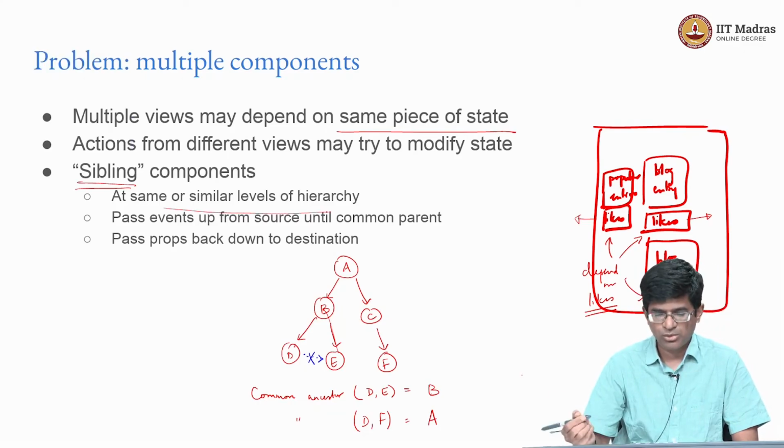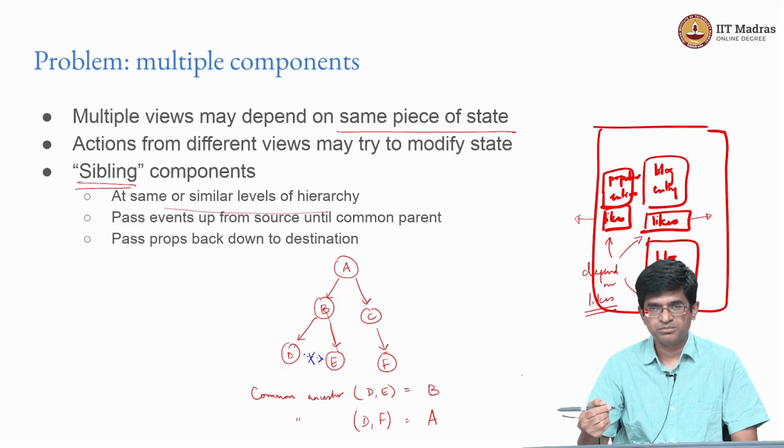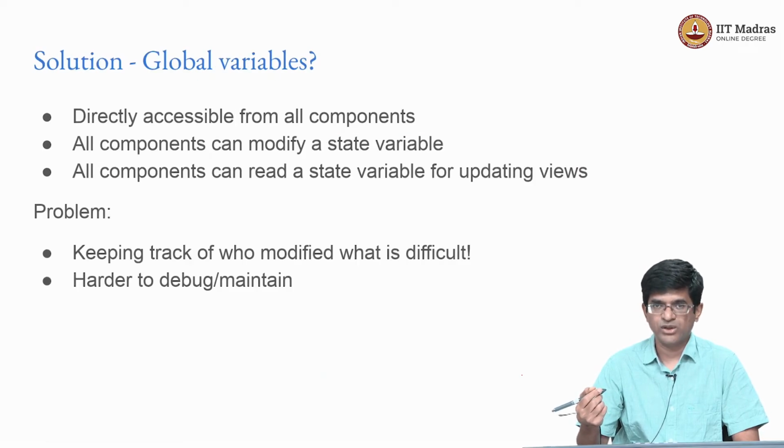So now the point is, we would ideally like to avoid this kind of going up and down the tree in order to transfer data between siblings. Instead, can we use global variables? They are directly accessible from all components. Any component can modify a state variable and any component can read a state variable in order to update its own view.